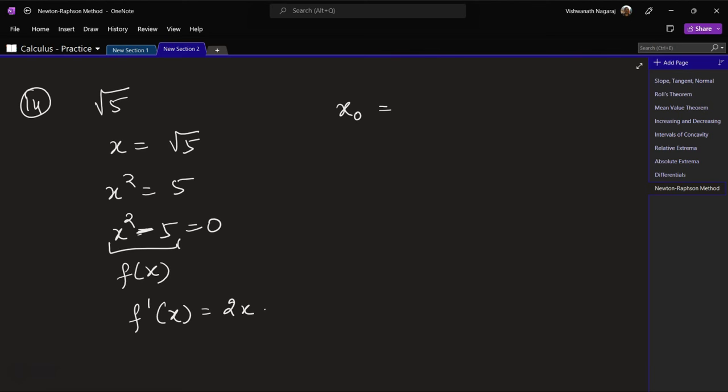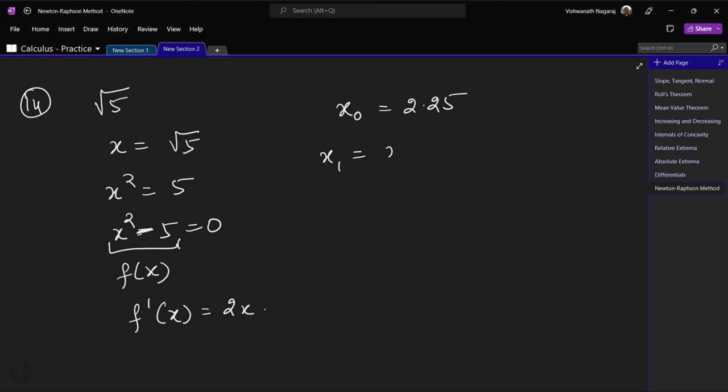The square root of 1 is 1, the square root of 4 is 2, the square root of 9 is 3. So it is slightly above 2. So let's take it as 2.25. You can take 2.1, you can take 2.2. I have taken 2.25.